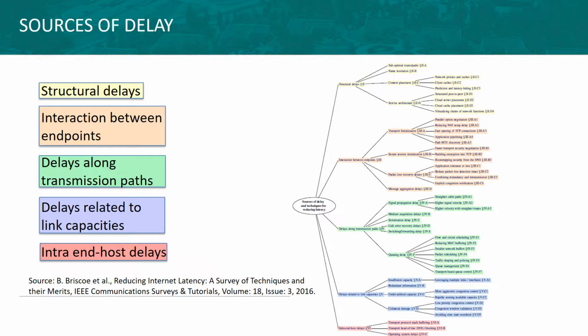We look also at delays related to link capacities, both when you have a limited capacity, but also delays related to taking advantage of the capacity that is available. And finally, as the 5th main category, the intra-end host delays, delays that we encounter within the end hosts. We will follow the structure of this survey, and when we talk about the different delays, we will also see the connection to the different sections in the survey.